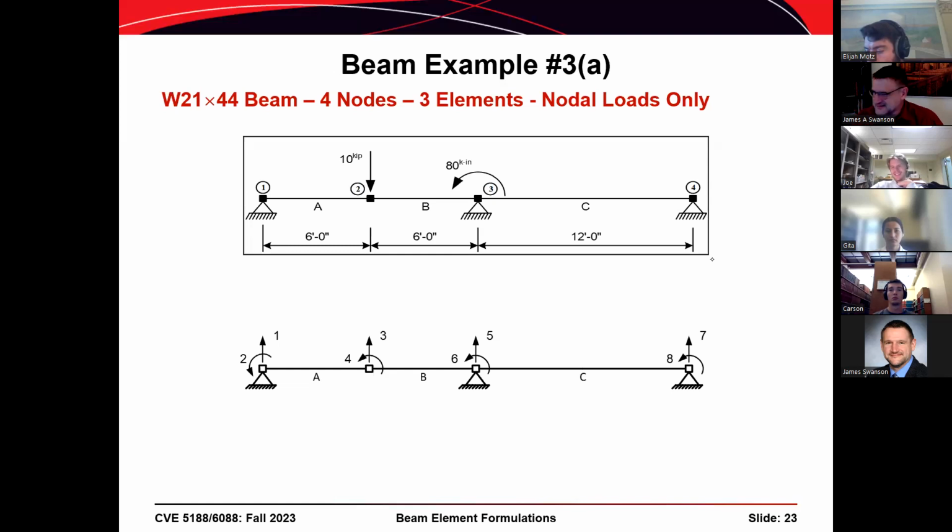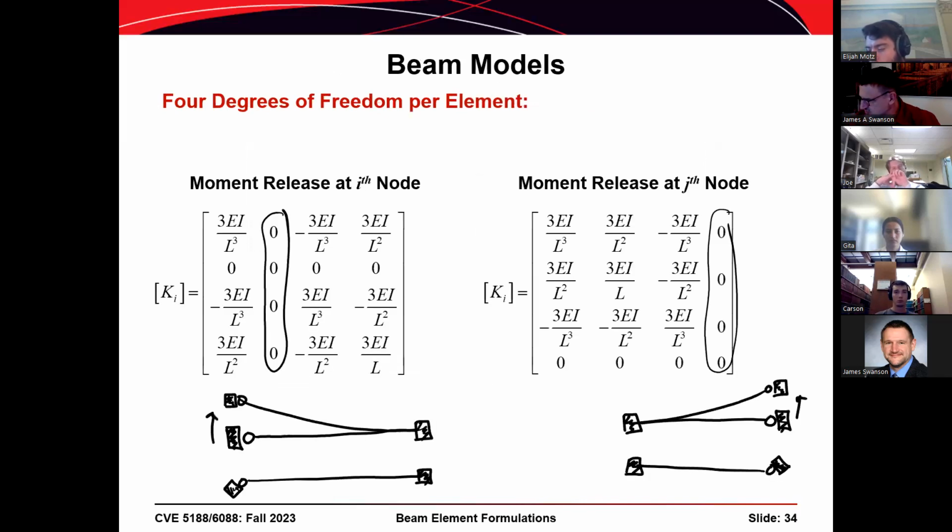Gotcha. Okay, all right. Now, that's the most straightforward approach to including hinges. There are other approaches as well, and if we get away from what I call the direct stiffness method and go to a finite element formulation, then there are more sophisticated ways of handling these releases.